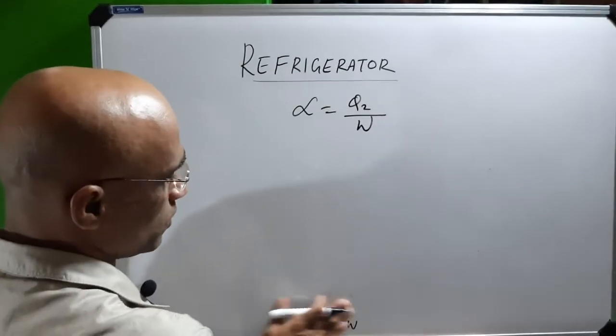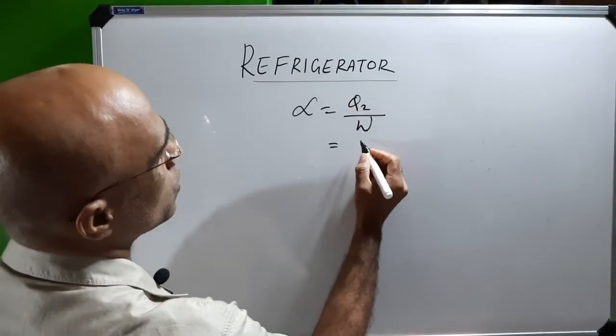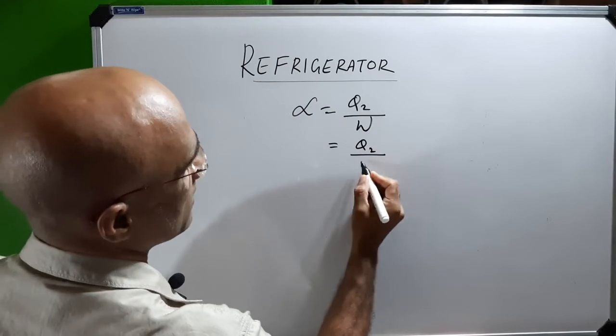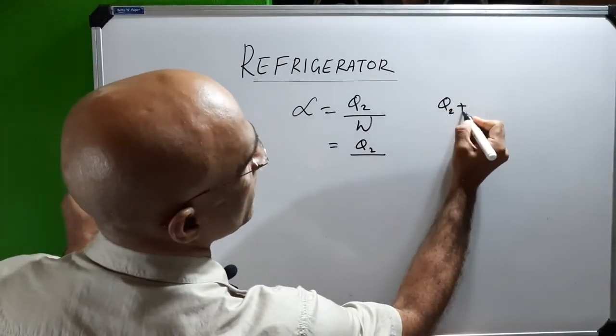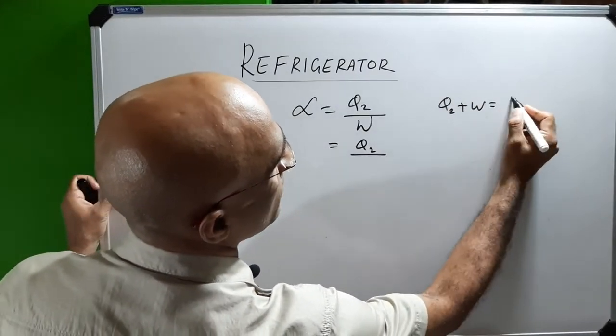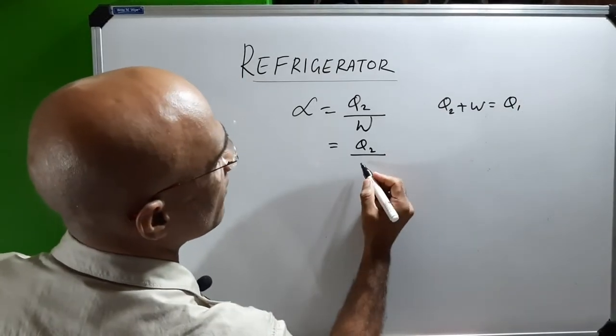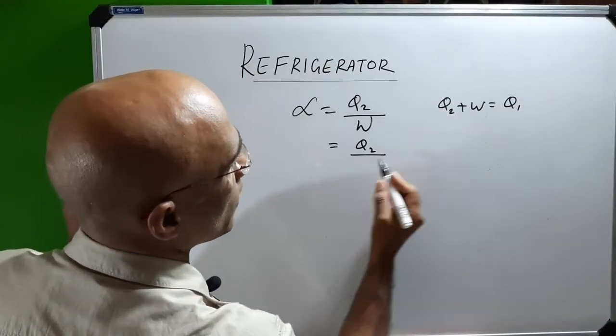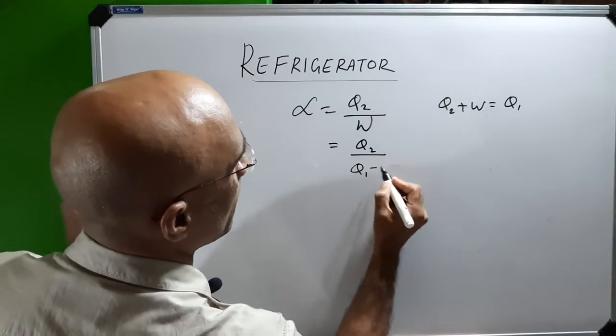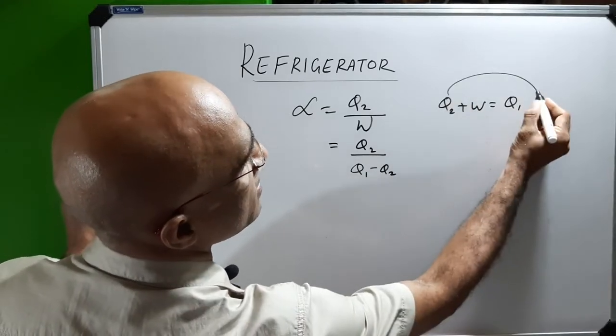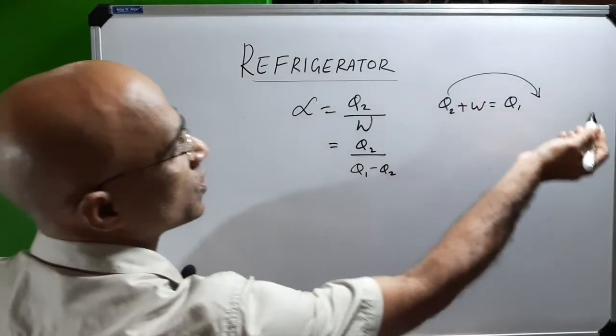I told you Q2 divided by W, where W is nothing but Q1 minus Q2. I had told you that Q2 plus W is equal to Q1. So Q2 divided by, instead of W, I can write Q1 minus Q2, because I transfer Q2 onto the other side.